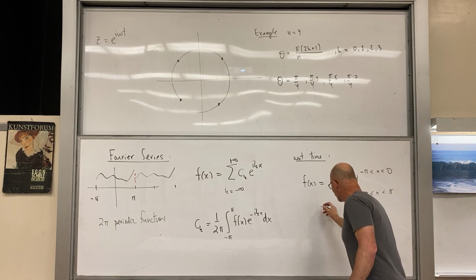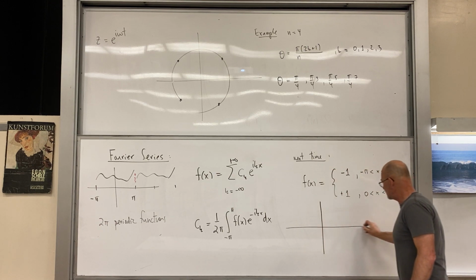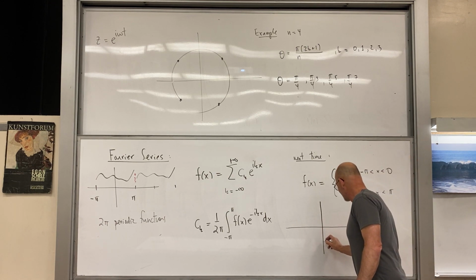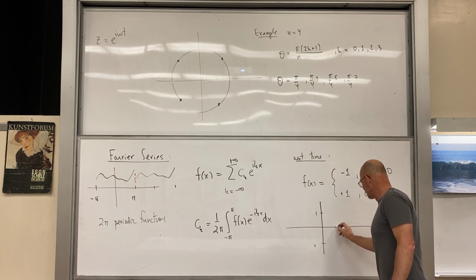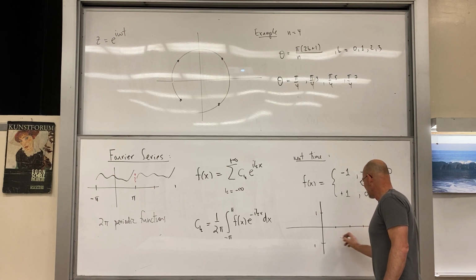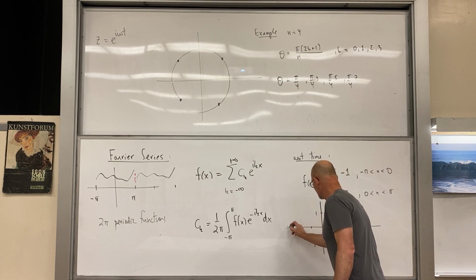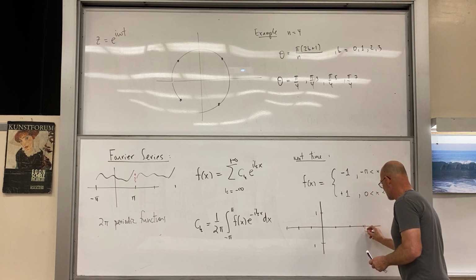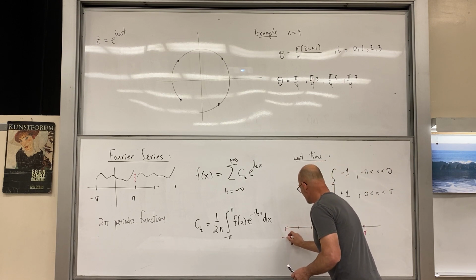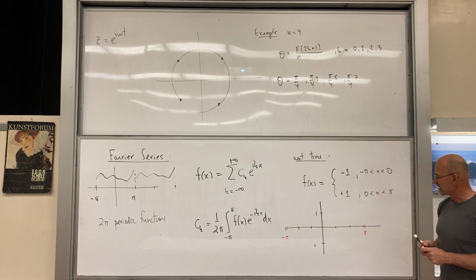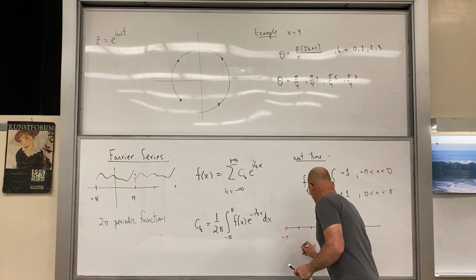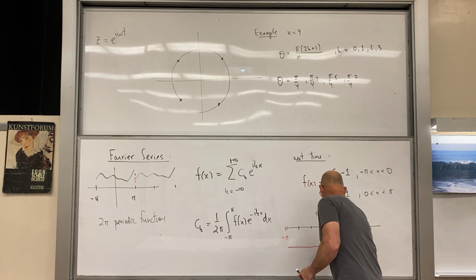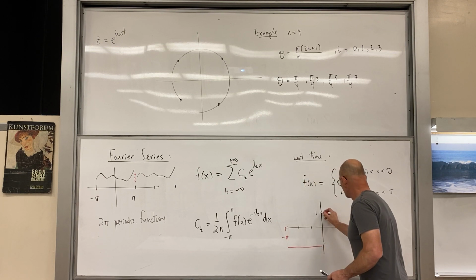If you graph this thing, what does that look like? You go from minus 1 to plus 1, and then 1, 2, 3, so pi is right out here, and minus pi over there. Negative over here, positive over here.